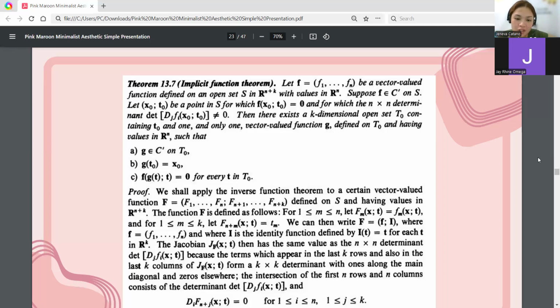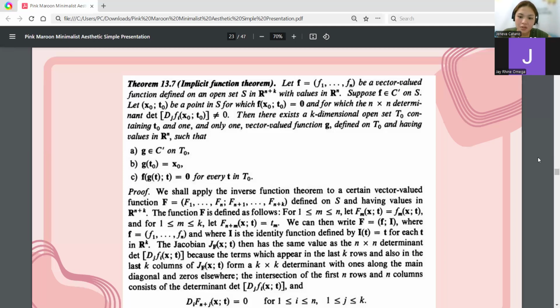The Jacobian J sub F of (x, t) then has the same value as the n by n determinant of D sub j f sub i at (x, t), because the terms which appear in the last k rows and also in the last k columns of J sub F of (x, t) form a k by k determinant which has ones along the main diagonal and zeros elsewhere.